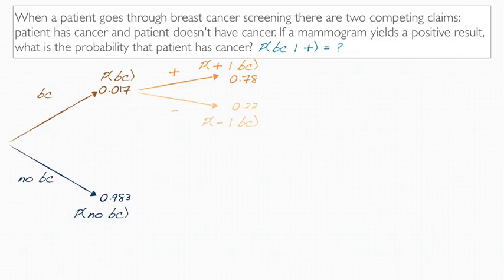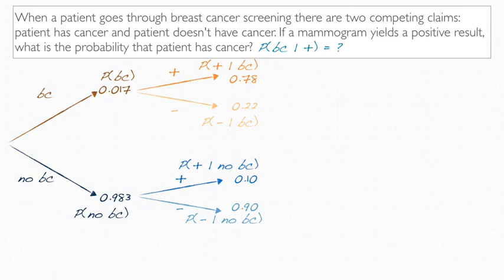Similarly, when a patient does not have breast cancer, there are two possible outcomes, testing positive or negative. Probability of testing positive, even though the patient does not have breast cancer, is the 0.10 that we were given earlier. So the accuracy rate of the test when the patient does not have breast cancer, or in other words, the probability of testing negative given no breast cancer, is going to be the complement of 0.10, 0.90.